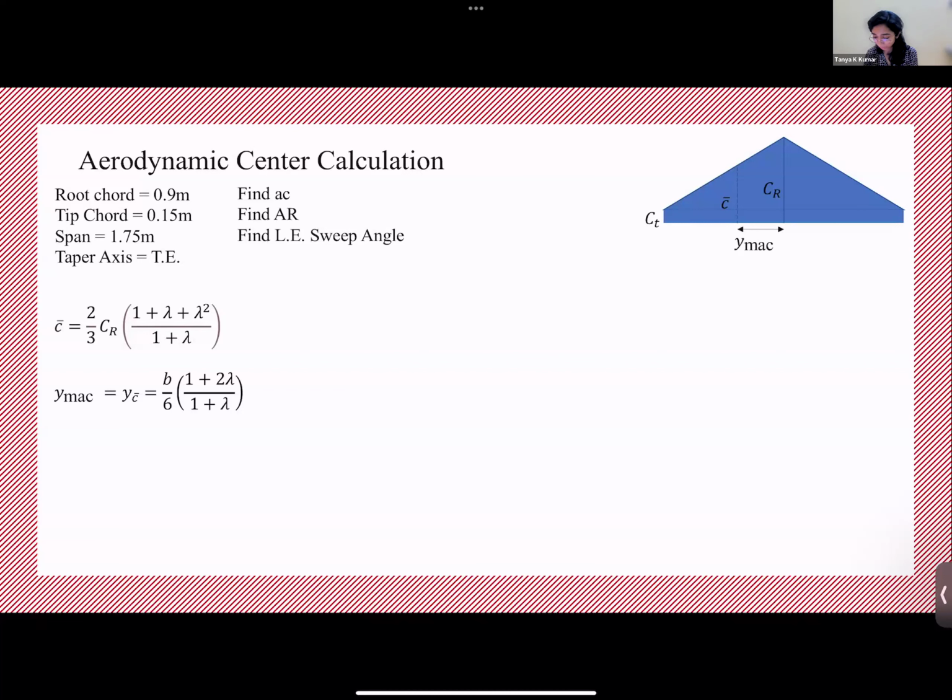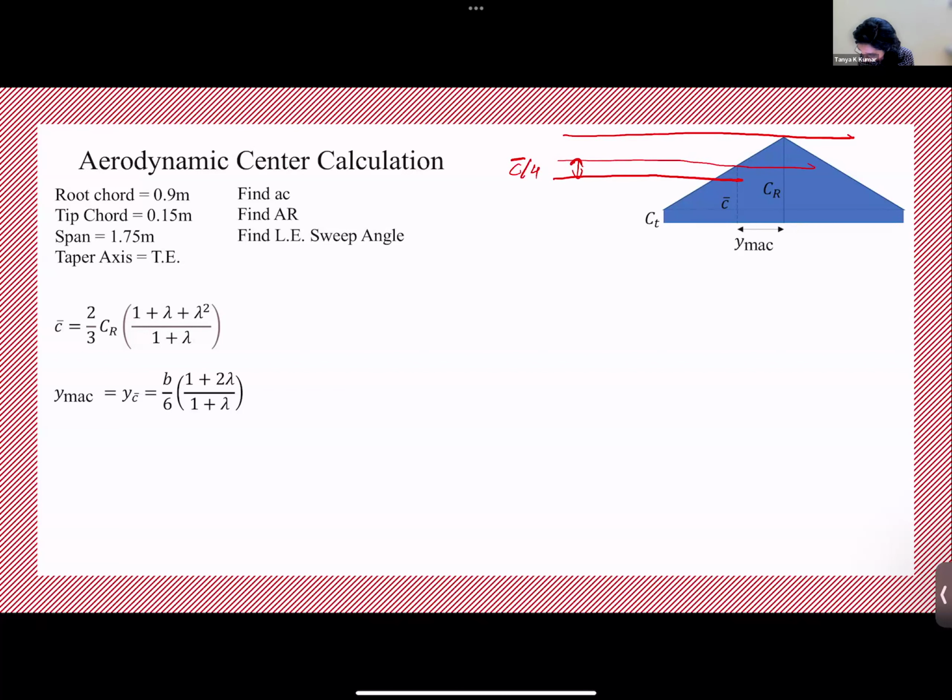C bar and YMAC, you can directly find out. Try to find out XAC. I'll just draw that again. Your aerodynamic center is somewhere here. This value is C bar by 4.